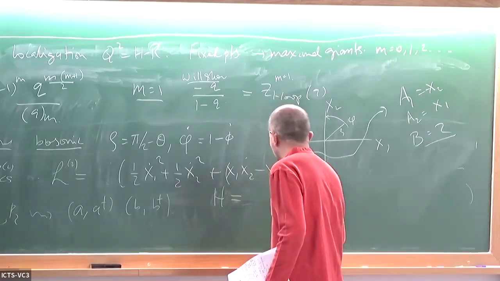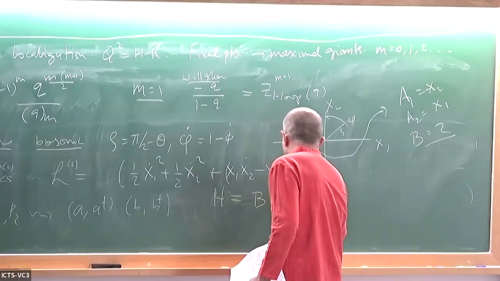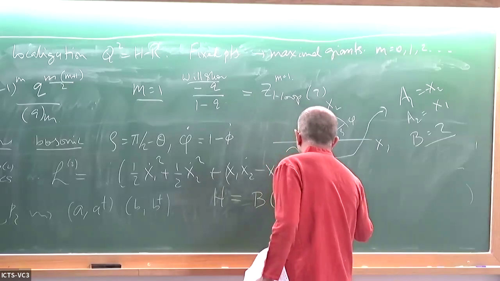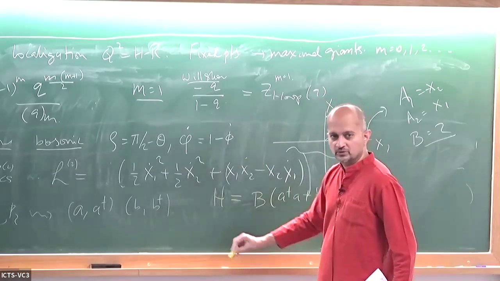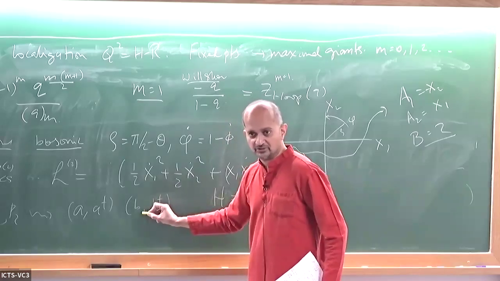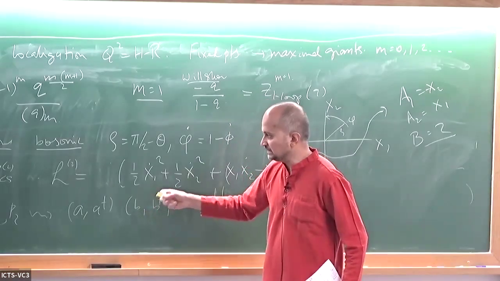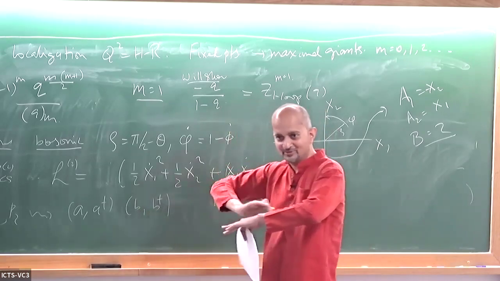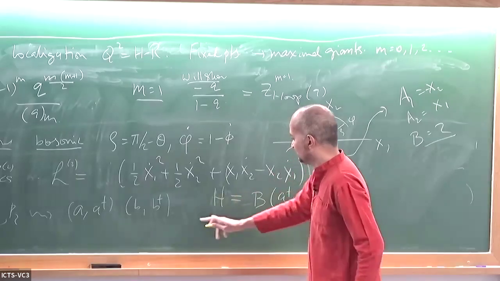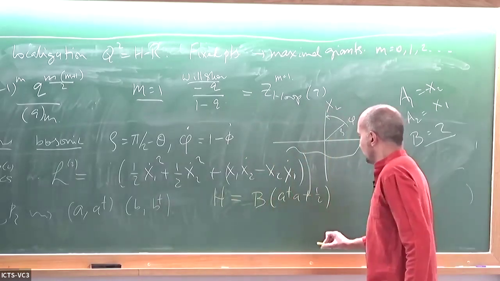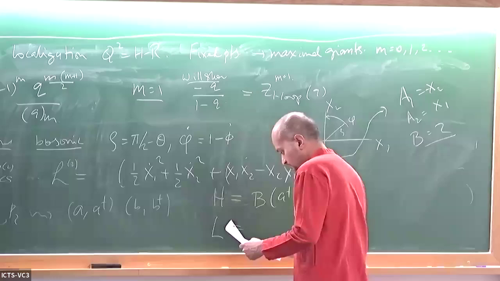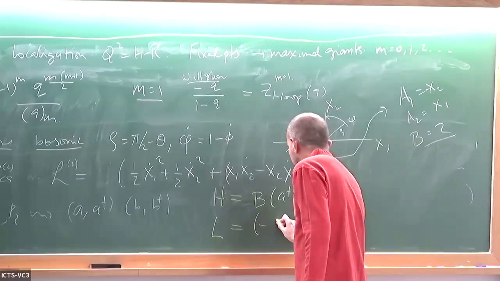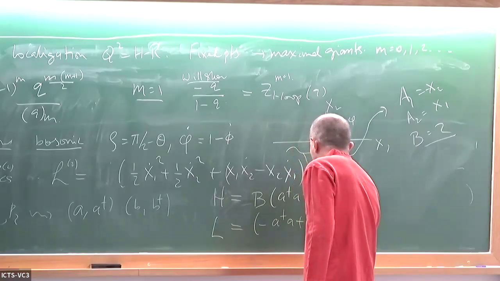So the Hamiltonian is B times A dagger A plus half. The B oscillator is the zero mode that we're looking for. The reason we kept the two-dimensional plane is that the symmetries of the problem are two-dimensional, not one-dimensional. So you need to keep that. And L, the angular momentum, is minus A dagger A plus B dagger B.